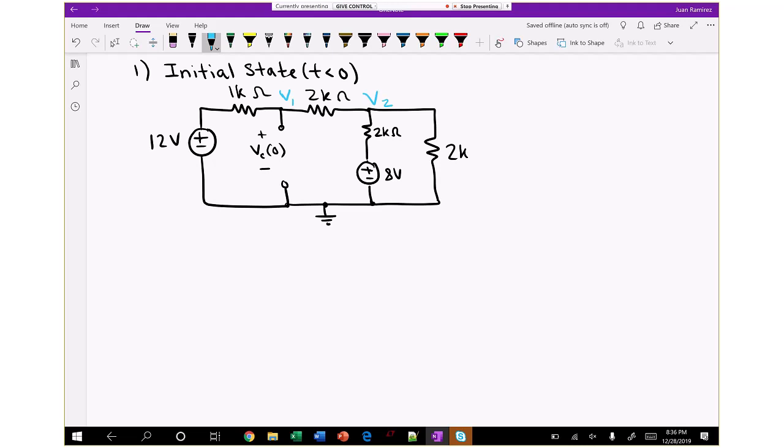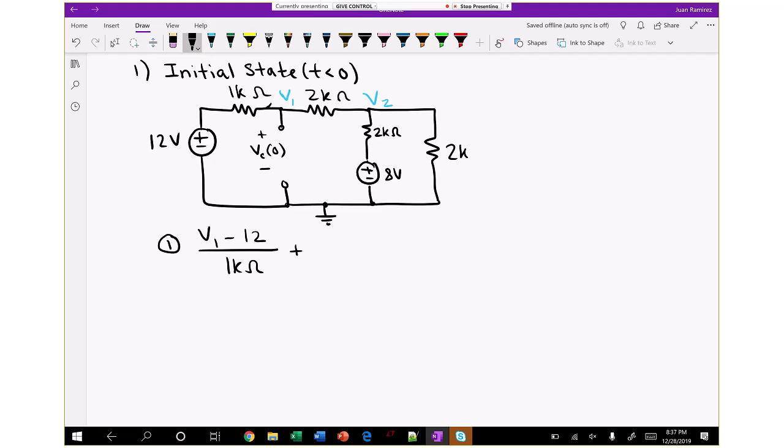So let's go ahead and write our KCL equations at each node, which is what we do next for nodal analysis. So at node 1, the equations look like this. V1 minus the 12 volt across the 1 k ohm resistor, that'll be the current leaving that node, plus the current leaving through the open circuit.